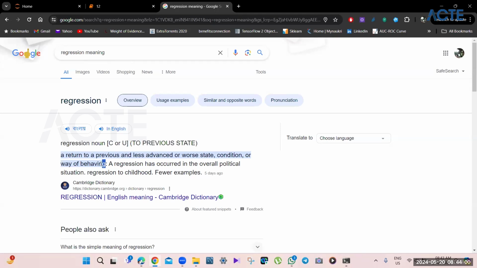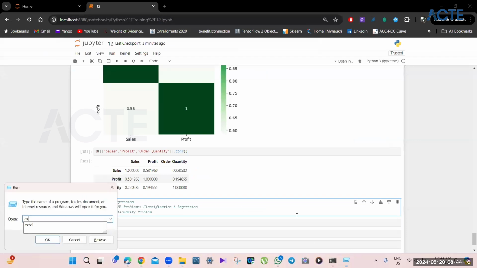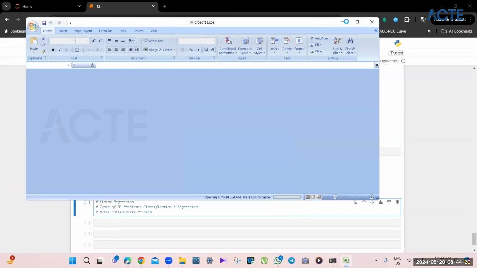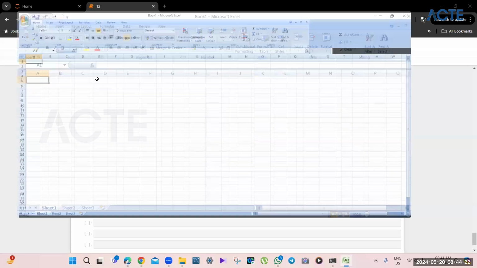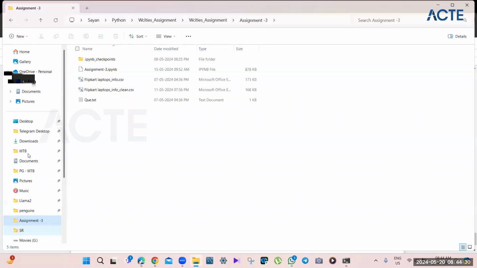So that means if there are some values, then how much one value is impacting the other. So kind of a mix of a bit of the correlation that we have already seen.